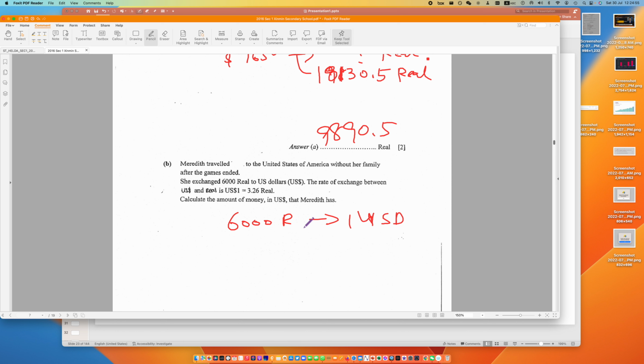No. This is the exchange rate, sorry. $1 is 3.26 real. Then she exchanged 6,000. So 6,000 divided by 3.26. Correct. So what do you get? 1840.4. Okay, good.